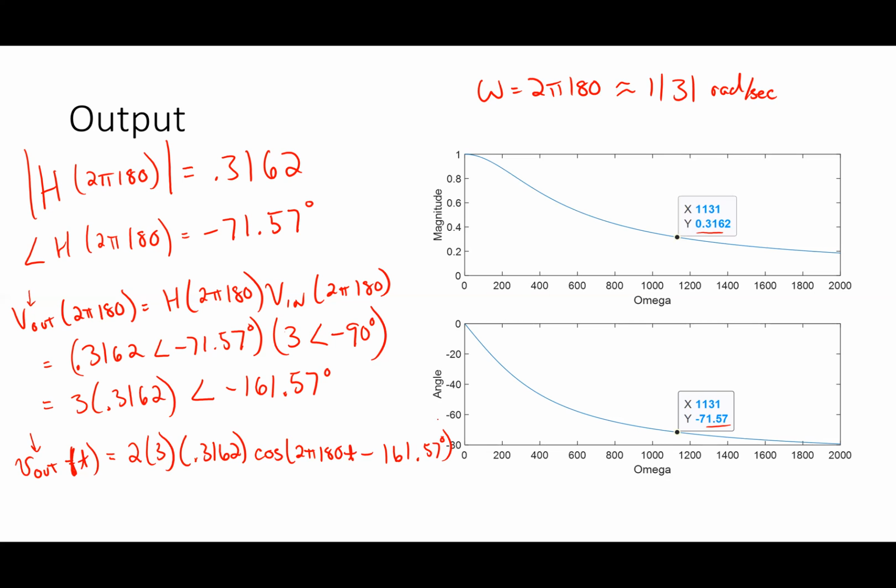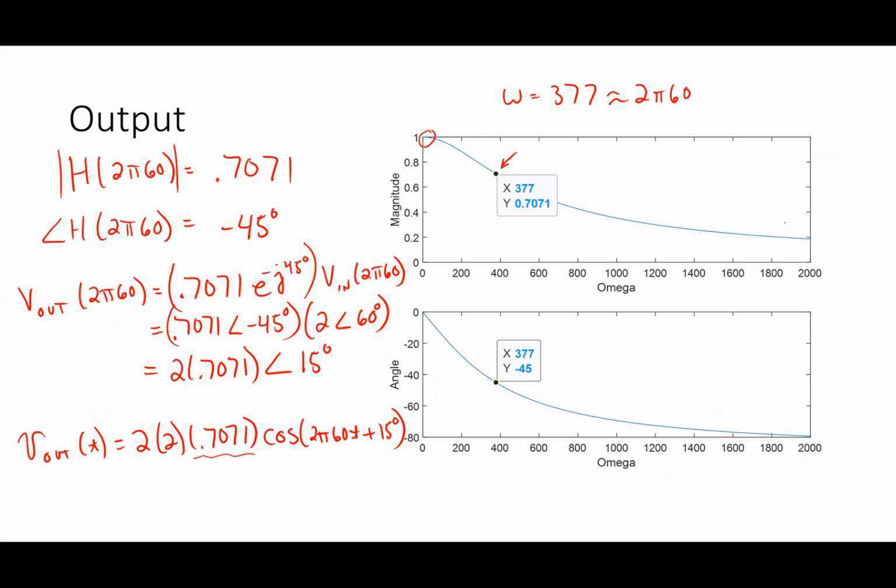An important thing to note is that at this frequency and at the other frequency I looked at, my output is actually smaller than my input. In fact, my output is going to be 31% of the size of my input at 2 pi 180, and at 2 pi 60, my output is about 70% of my input. That's a really important result, and we use it a lot.